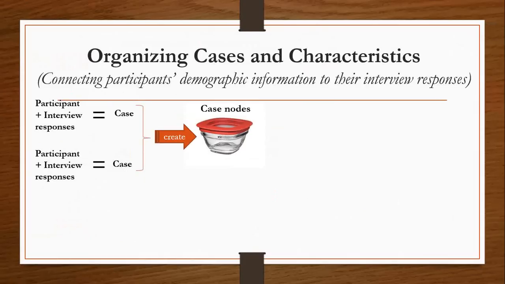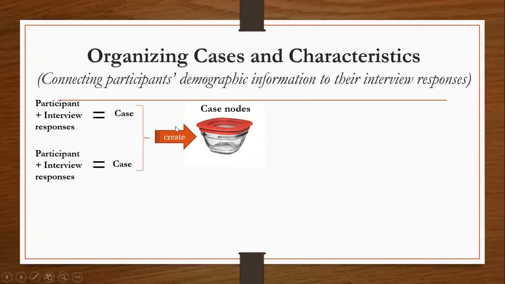And then what we have to do is tell NVivo to put them in different containers for us, because if you don't put them in a container as a whole, you can't connect their demographic information to those containers. Each participant and their responses is called a case.